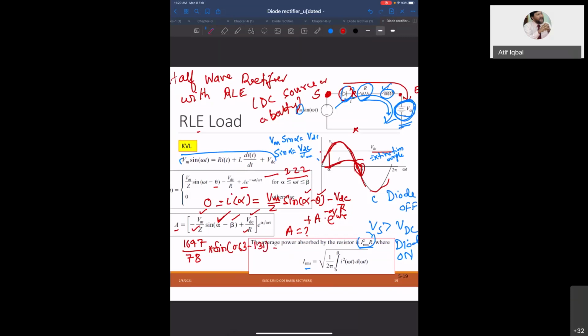The value of VDC is given as 100, divided by R, which is 2, plus A times e to the power of minus alpha, which is 0.63, divided by omega t, which is 3.77. So everything is known, and this should be equal to 0. So from here you get A.